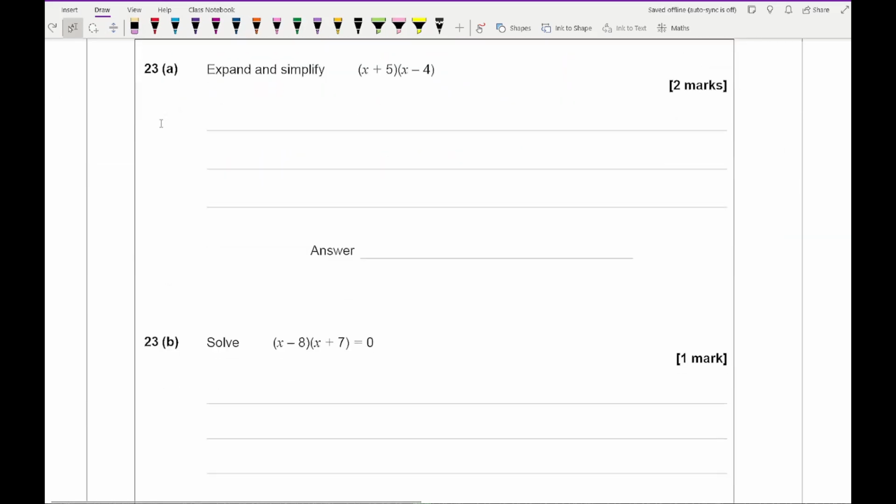Then moving on to question 23a, it says expand and simplify. So if we use our loops, we end up with x squared minus 4x and then plus 5x minus 20.